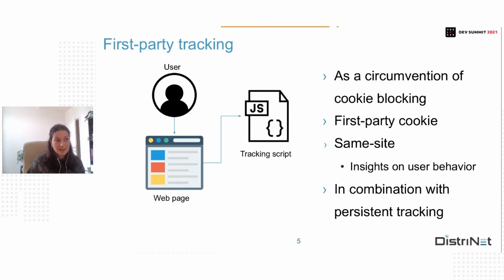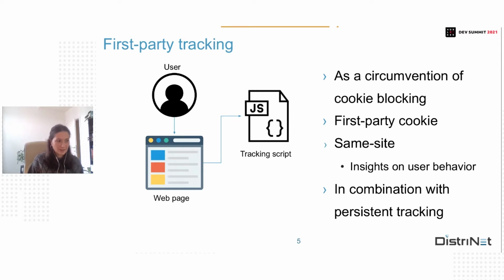In this case, the cookie will be set in a first-party context, so the tracker will only be able to track the user on the same website. The limitation of this method is that the tracker only gains information on one specific website and is not able to track the user cross-site.